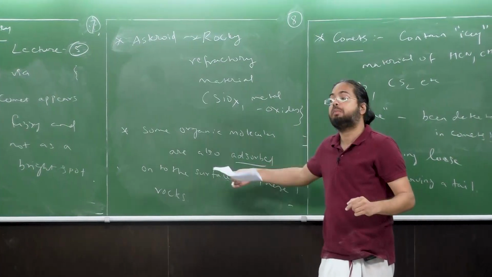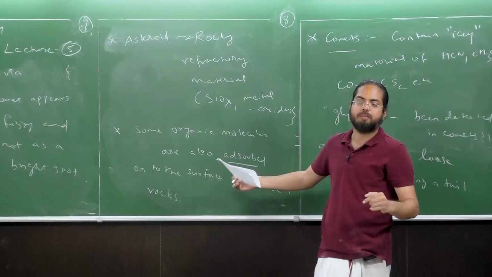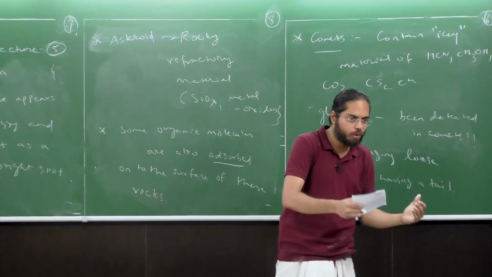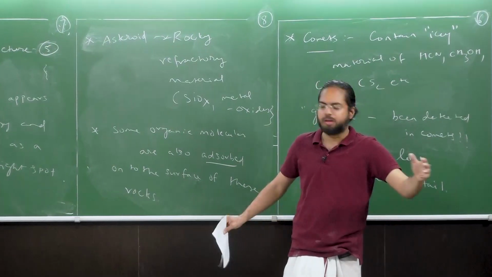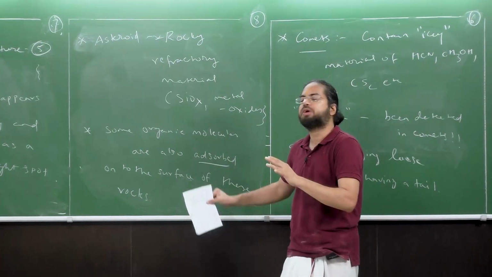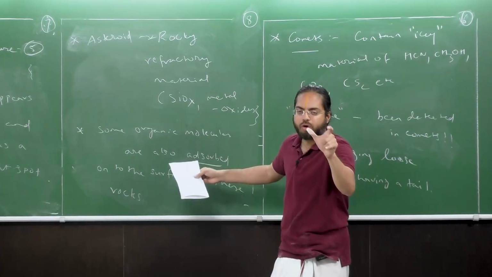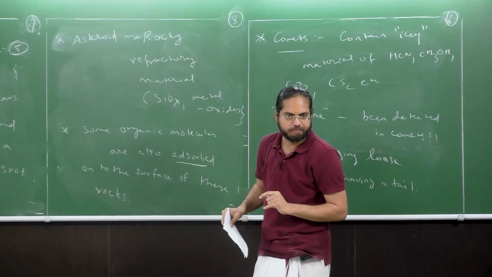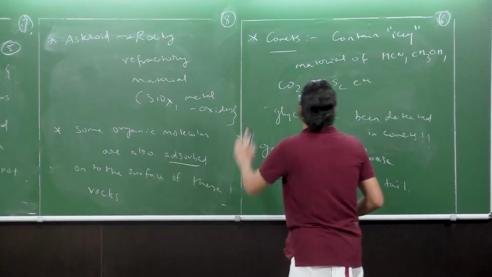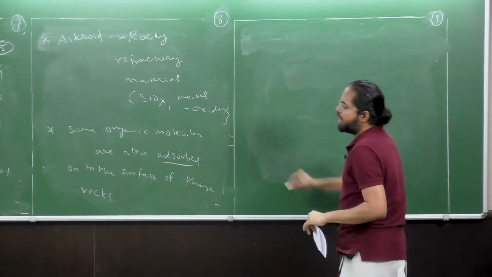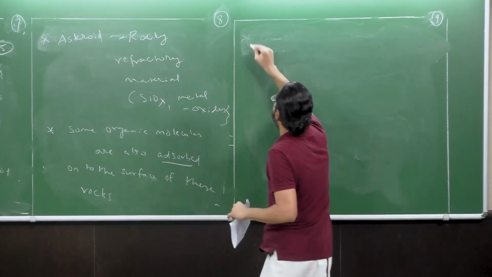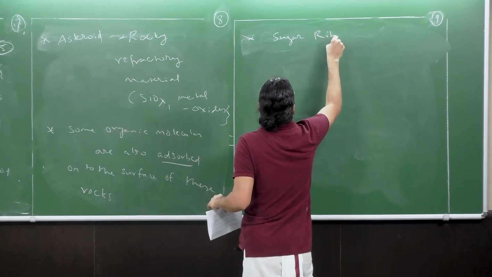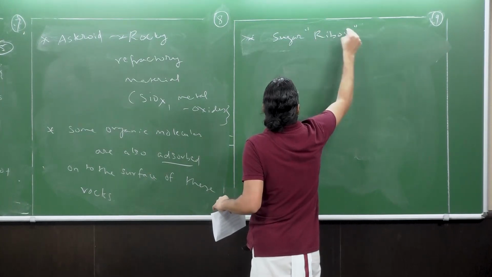This has tremendous consequences for how molecules which are significant for the origin of life came to Earth. We will discuss them in a subsequent lecture. But for now, please note that many organic molecules are also adsorbed onto the surface of these rocky materials as part of the asteroids. In fact, most noticeably, the sugar ribose.